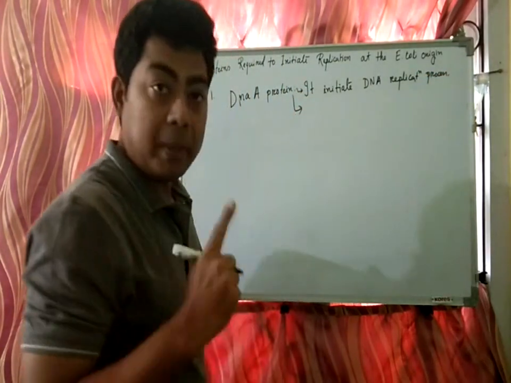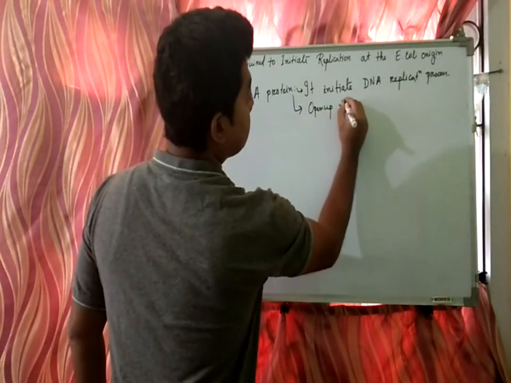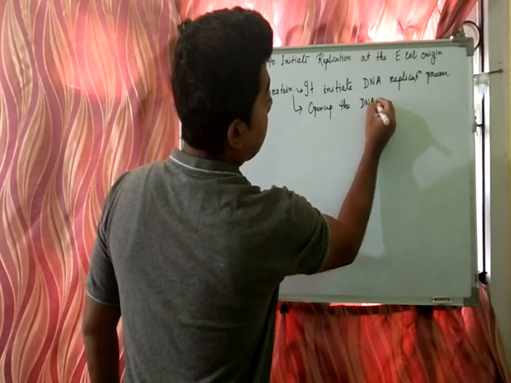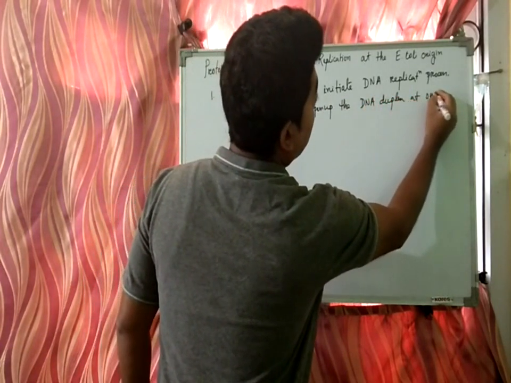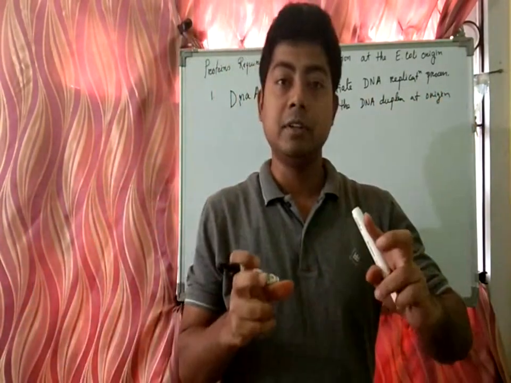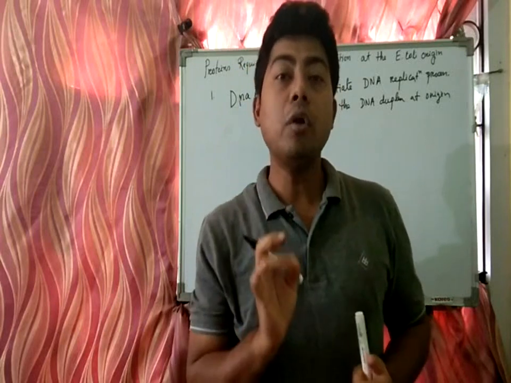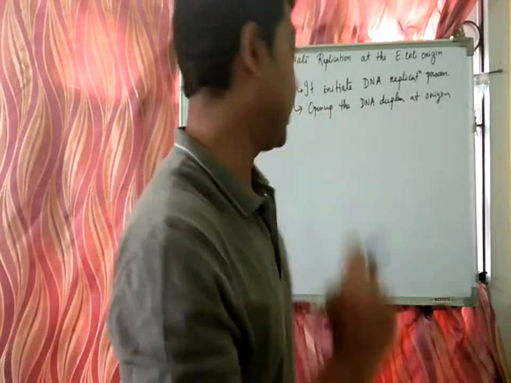Also, it opens up the DNA duplex at the origin point. First, it will open up where? At the origin point. That is the main function of this DNA A protein.